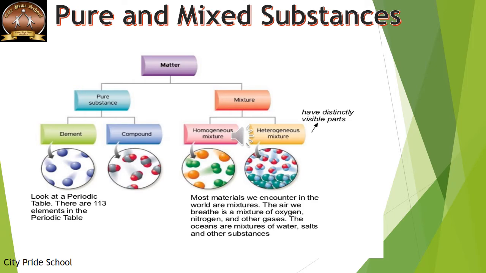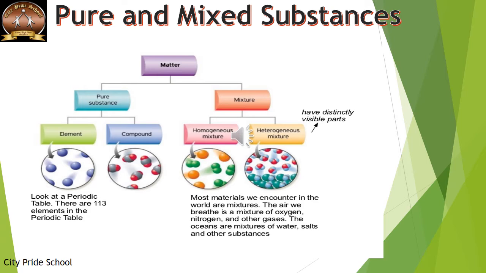Elements are individually present, and the molecules of a single element make a pure substance. There is nothing combined to it. Throughout the element, the same substance, same molecules are present. Whereas in case of compounds, they are present in a combined state.